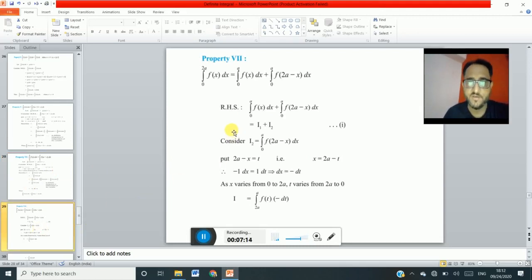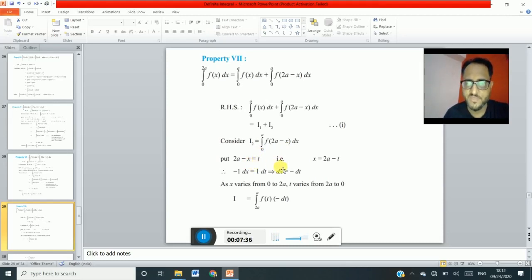So see here, again consider the right side of the proof, right? There are two terms, so I1 plus I2 we considered. I2 is 0 to a f of twice a minus x, and this is I1, right? So here also put twice a minus x equals t, as we did in the previous proof.